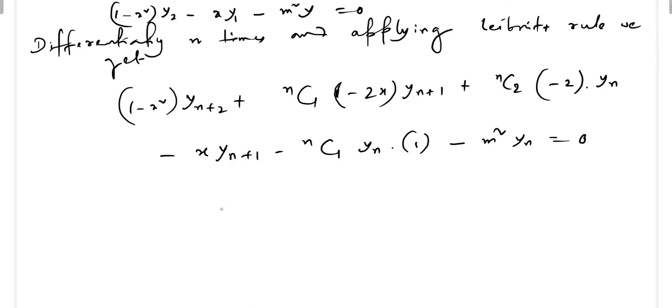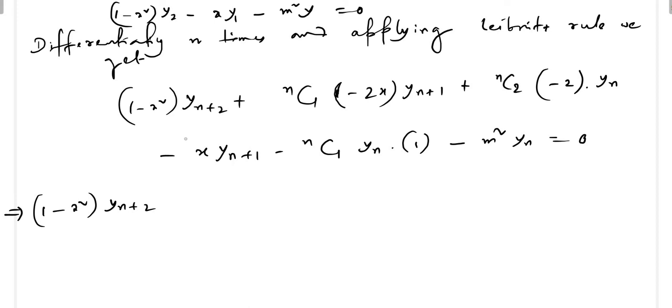Okay, this is 1 minus x square into yn plus 2. Put nc1 equal to n and nc2 equal to n into n minus 1 by 2.